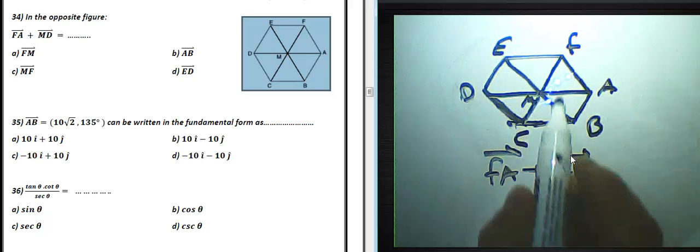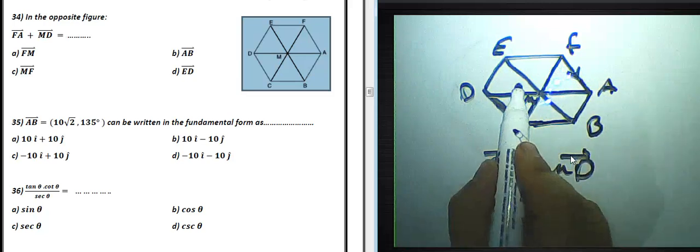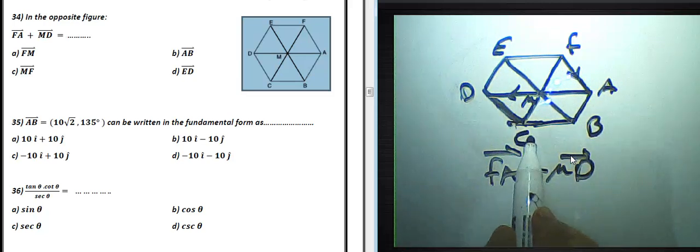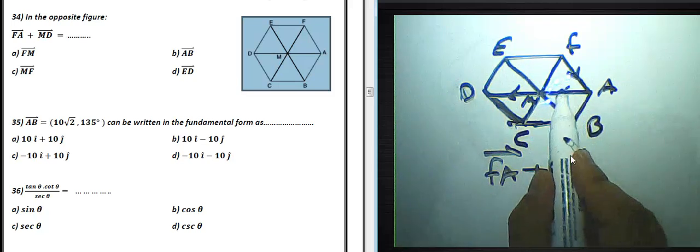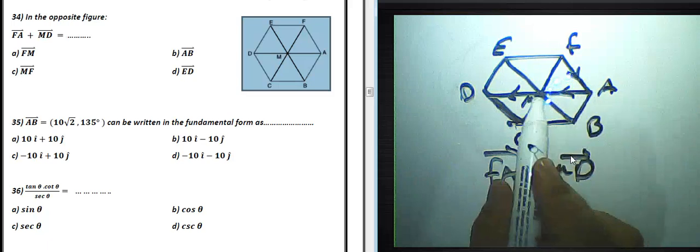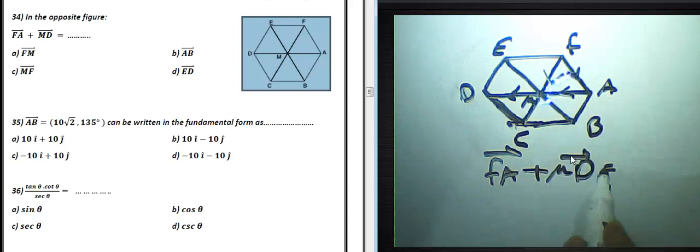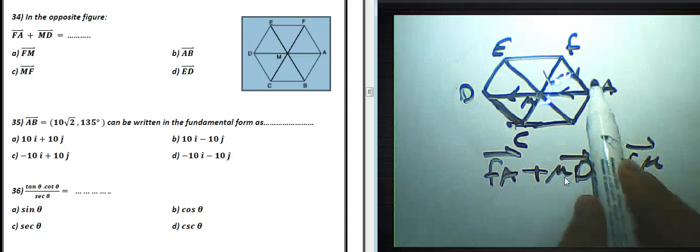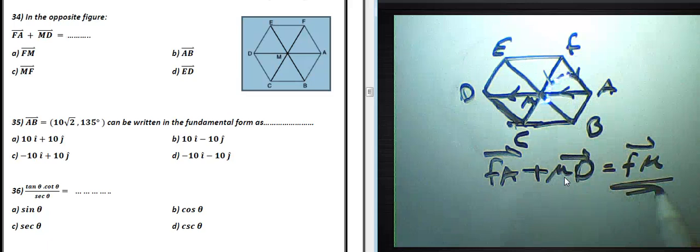FA has this direction, and MD has this direction. We can move MD to AM. Look here, FA plus AM will be FM, by the triangle rule. Again, vector FA plus AM equals FM. So the result will be vector FM. Letter A.